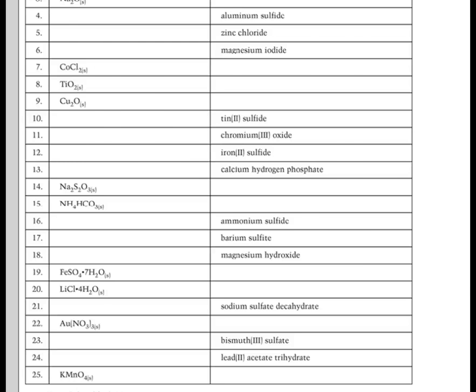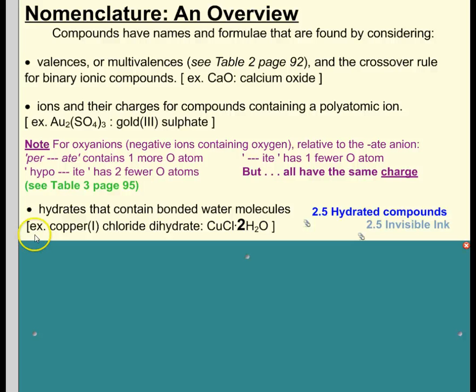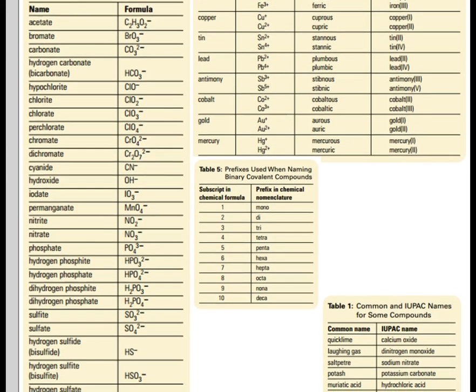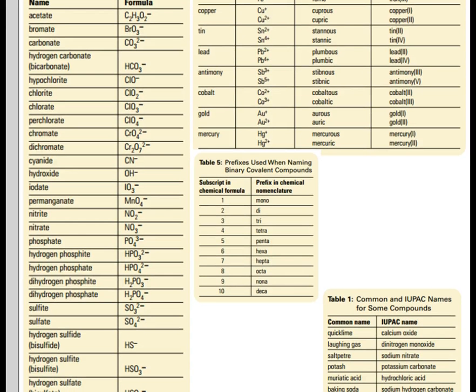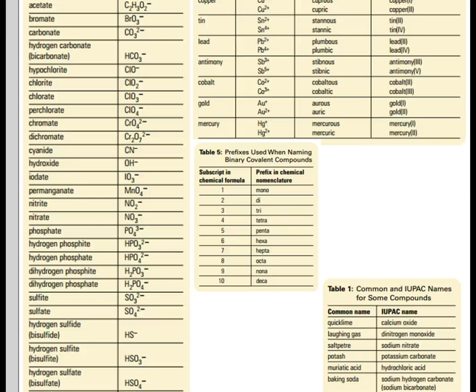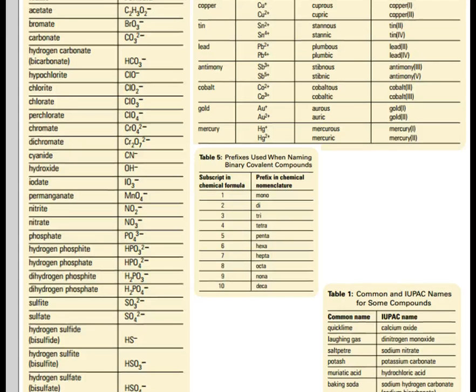So the other category of compounds which I want to look at here just briefly is hydrates. Hydrates, as we saw in the video here, have special properties, and the naming of these just involves the prefix, and you have a reference sheet here in your package where the prefix, similar to binary covalent, as we'll see shortly, ranging from 1 unit all the way up to 10, needs to be inserted into the name.